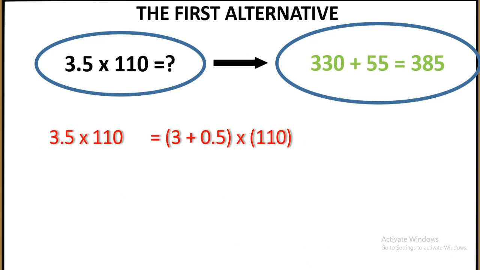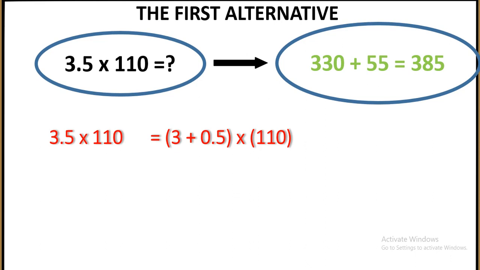3.5 times 110 is separated, or translated, like this. 3.5 is broken down into 3 and 0.5.